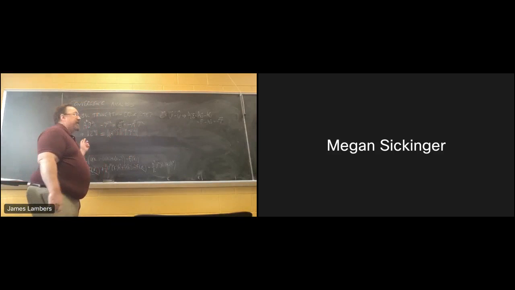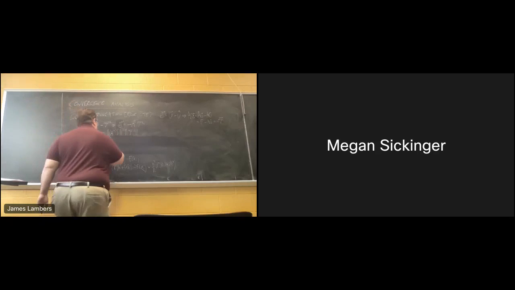So what happens to this as H goes to 0? This part goes to 0 as H goes to 0, so that's fine. We want this to go to 0 as H goes to 0.